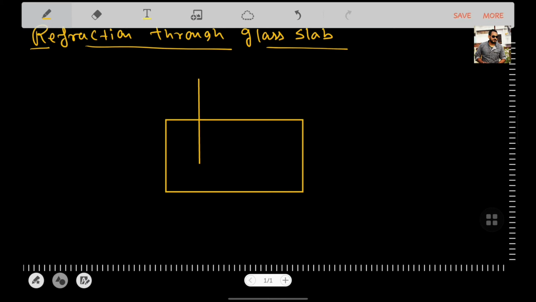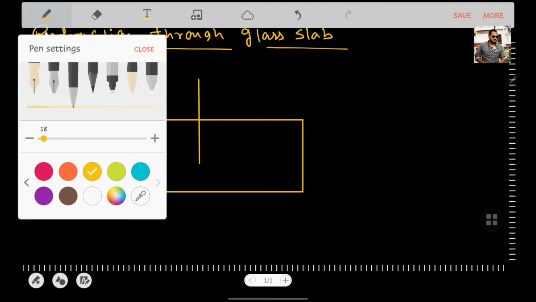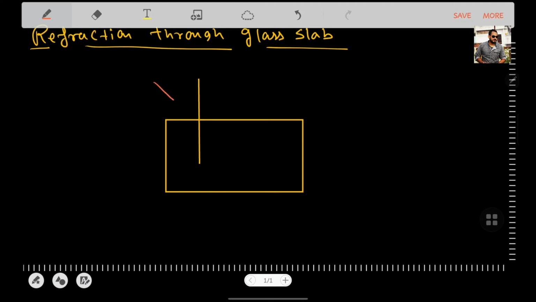So let me take one incident ray on it. Okay, we will take an incident ray. Let me show it by another pen, it'll be easy for all of you. So I have taken the orange pen for this. This is the incident ray for us.